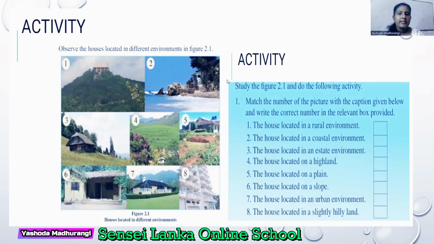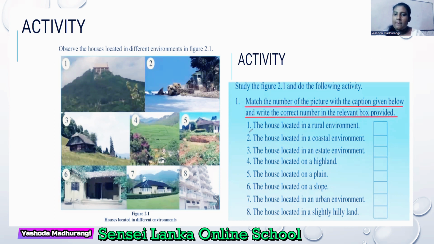And then come to this activity in blue color background. There are 8 sentences. Match the number of the picture with the caption given below. Caption means the pictures. And write the correct number in the relevant box provided. I think it is easy.